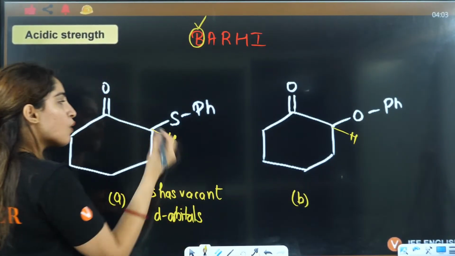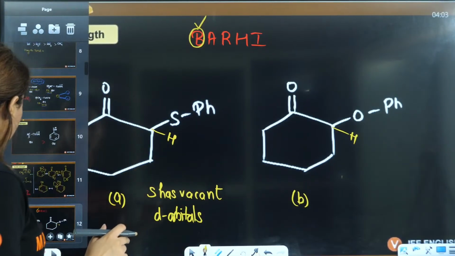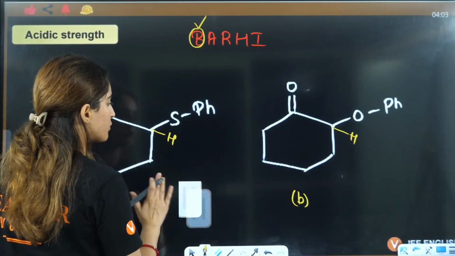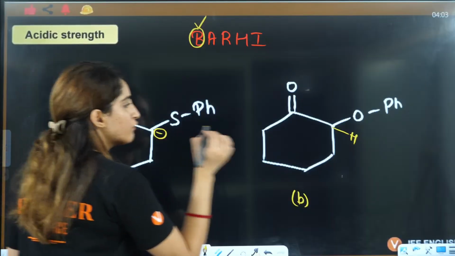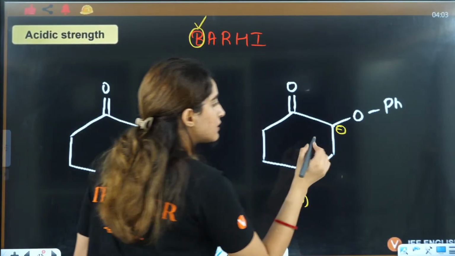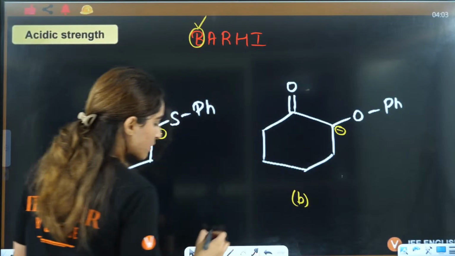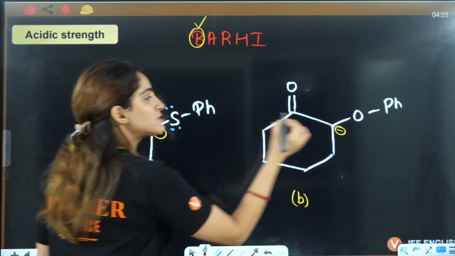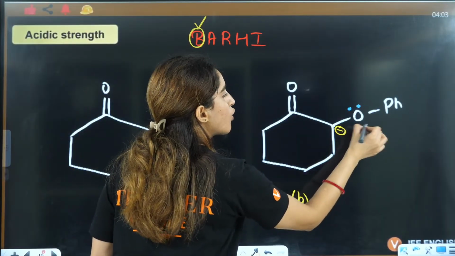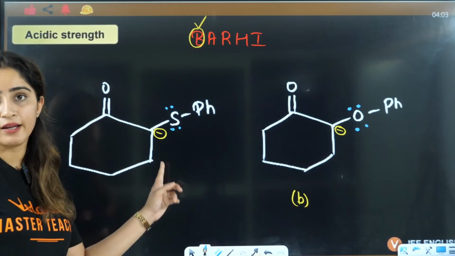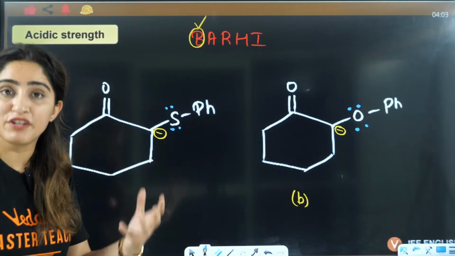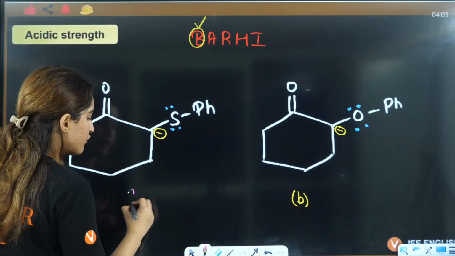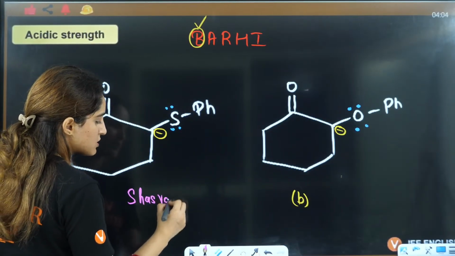Now after losing this particular proton, it will have a negative here, right? Now is back bonding visible to you? Though this sulfur has a lone pair of electrons, because this is a carbanion, it is looking for an electron deficient thing. And which is electron deficient? Sulfur has vacant d orbitals.